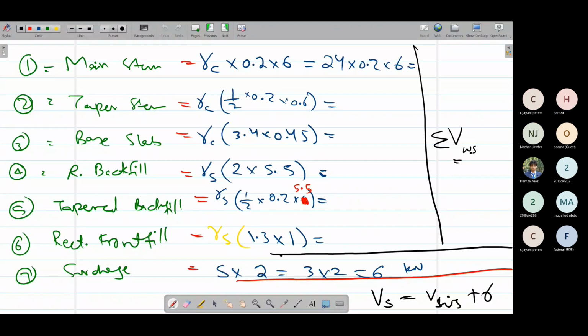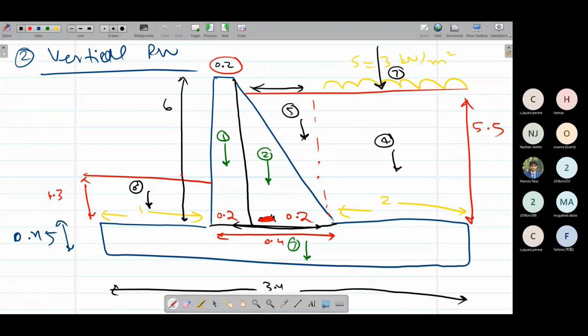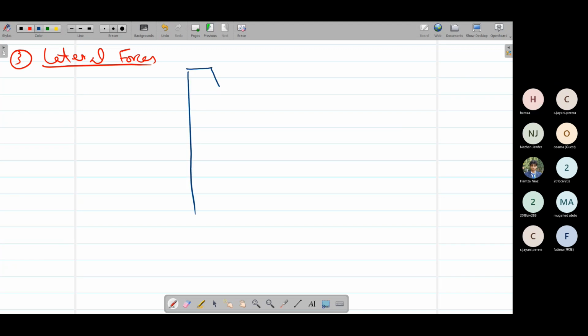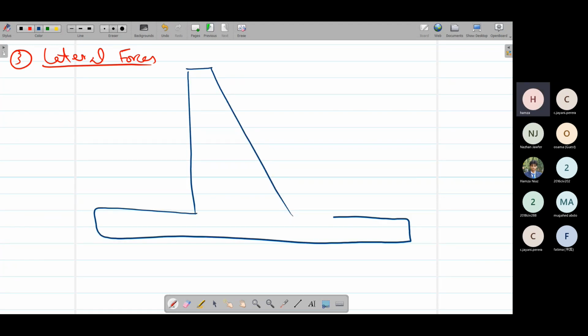Okay. After calculating the vertical forces, we have to determine the lateral forces, or horizontal forces. So again, if I draw this retaining wall, this is our backfill and this is our front fill.